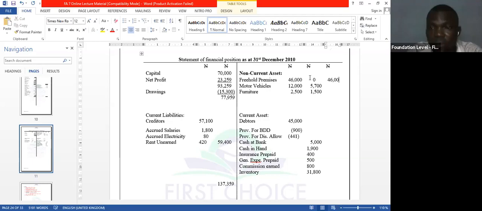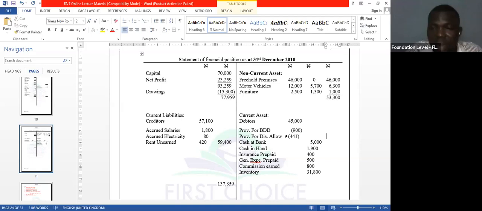We have the vehicle, 12,000, and 25 plus 15 give us a total of 1,000. The addition of these three figures together will give us the net value of non-current assets, and that was 53,300.